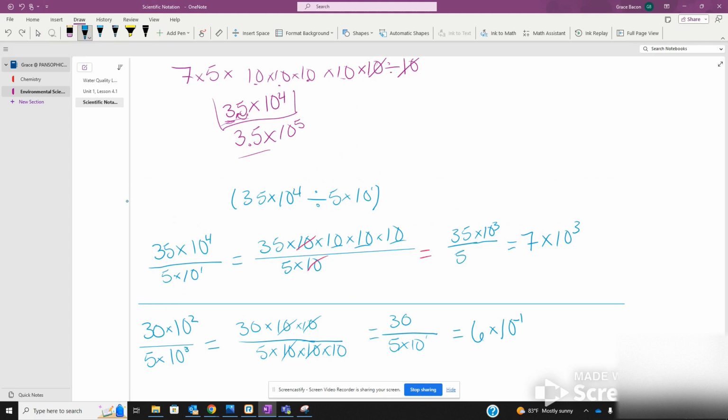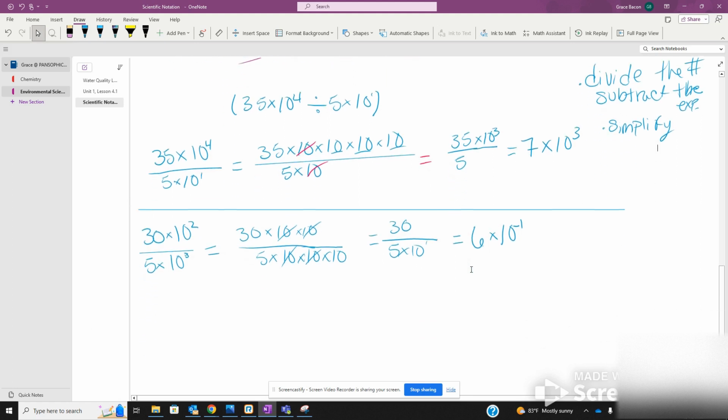So my rule is going to be divide the numbers and subtract the exponent for division. And then again, if we run into a situation where that gives us a weird number, like 35 times 10 to the 5th, then we're going to adjust our scientific notation. We're going to simplify so that we only have one number in front of the decimal, one digit.